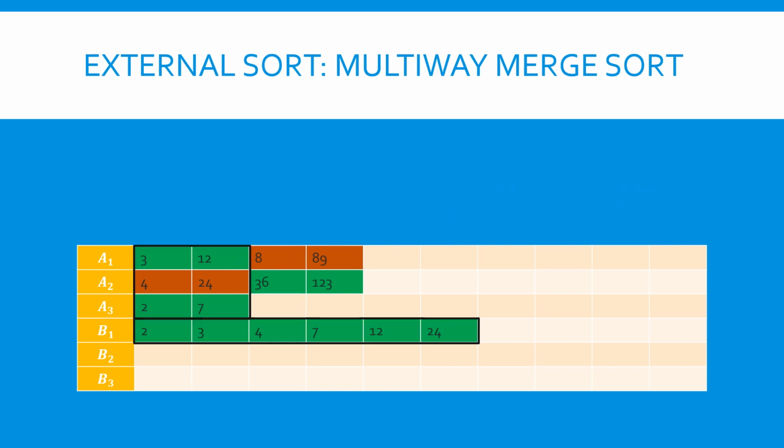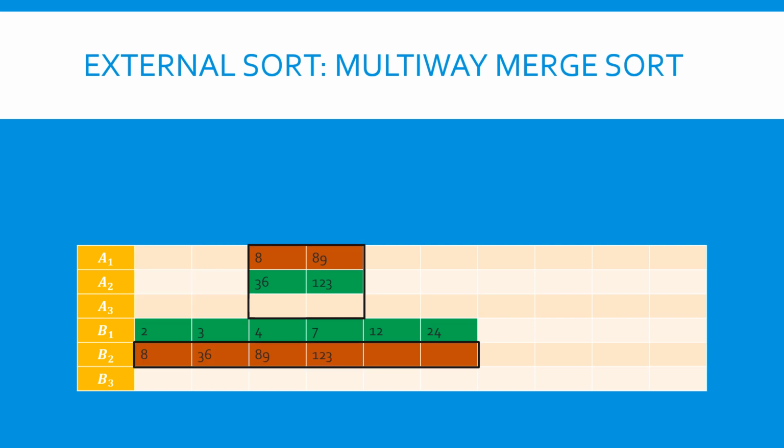Then, we take the first data blocks from the 3 input arrays. Note that we are merging 3 sorted lists this time. We output a single sorted list to B1. We merge the second data blocks from the 3 input arrays and write the output to B2.